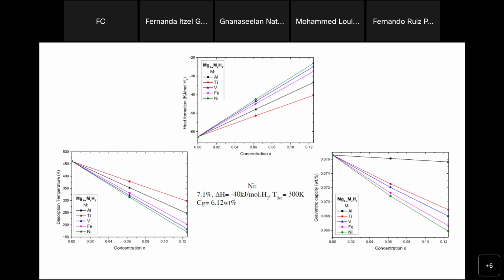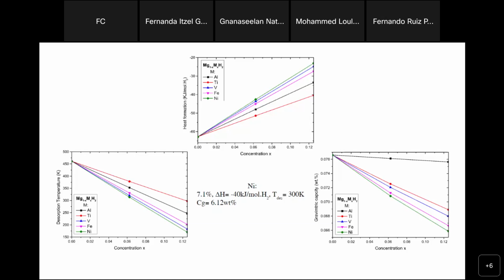From such results, we deduce that nickel is the most appropriate dopant element for doped magnesium hydride to be used for onboard hydrogen storage, for a concentration of 7.1%.